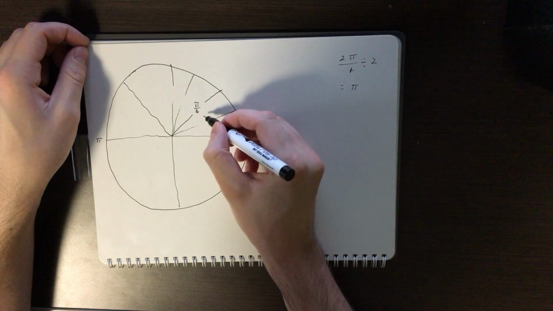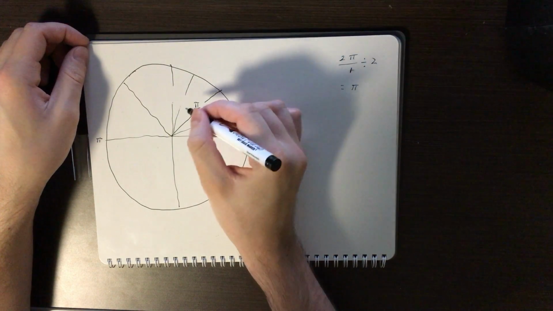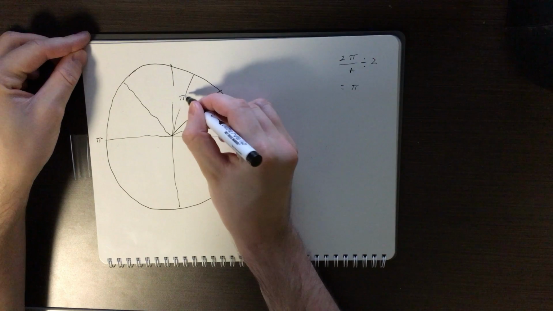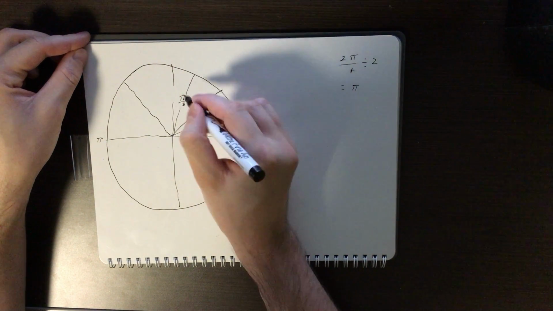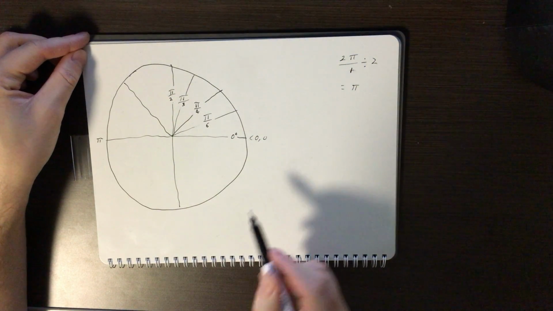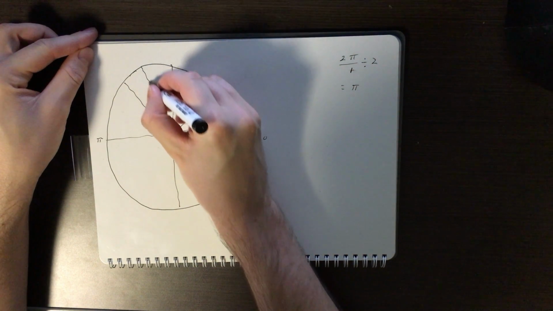So now we can say this is pi over 6, and then we can say that this is pi over 3, and then this is just pi over 2. And so you can just go around the circle like this.